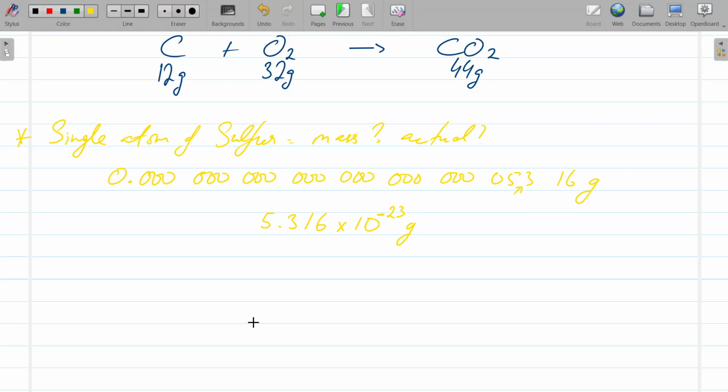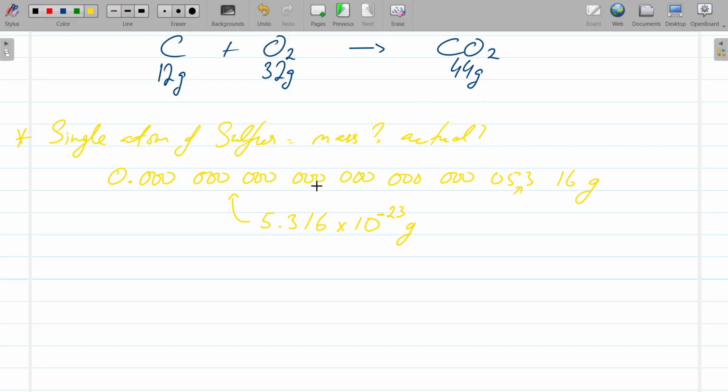So the mass of a single sulfur atom is 5.316 times 10 to the power minus 23 grams, which if you expand it is this, which is, as you said, for a single atom, barely there. It's negligible, beyond negligible. It's like nothing, but it's not nothing, obviously.